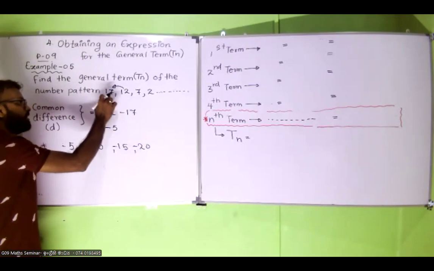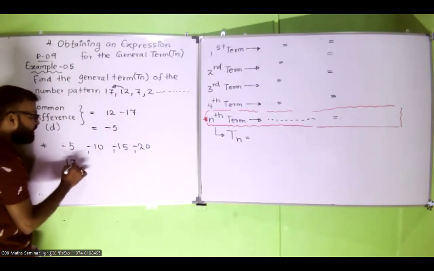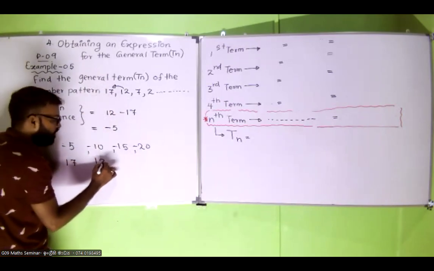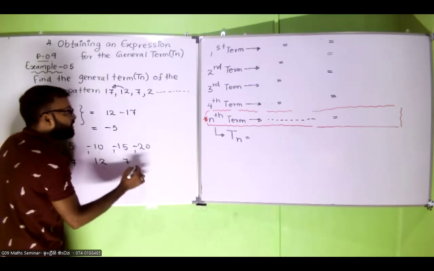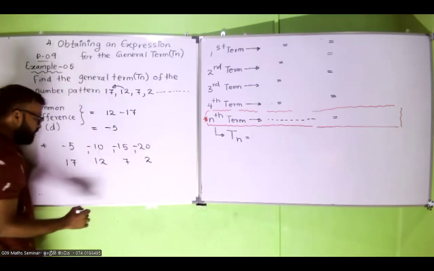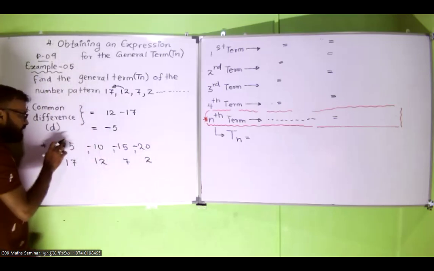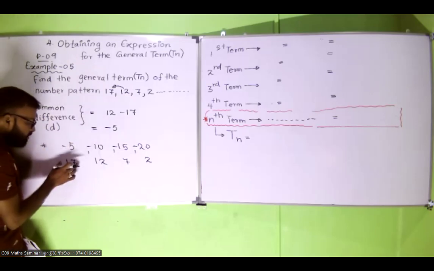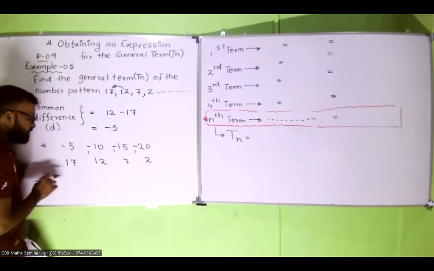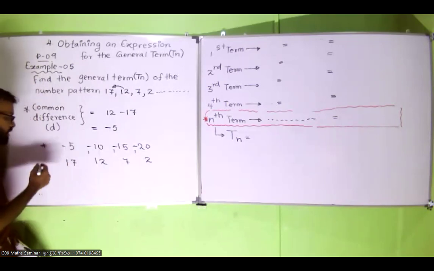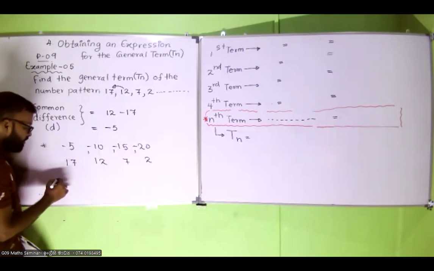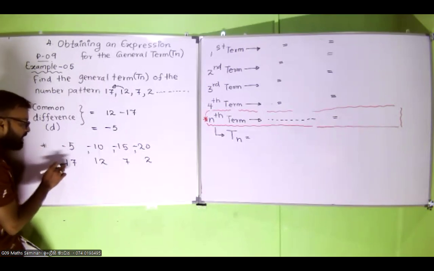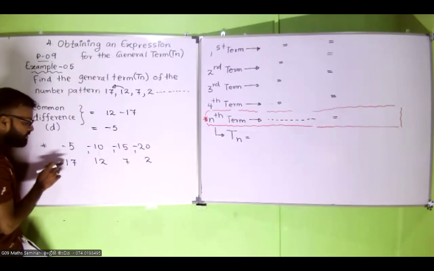So, what are our terms? 17, 12, 7 and 2. The small tip that you are going to use is this: here you have 17 and here you have negative 5. You can obtain the number that you need to add by subtracting negative 5 from 17.